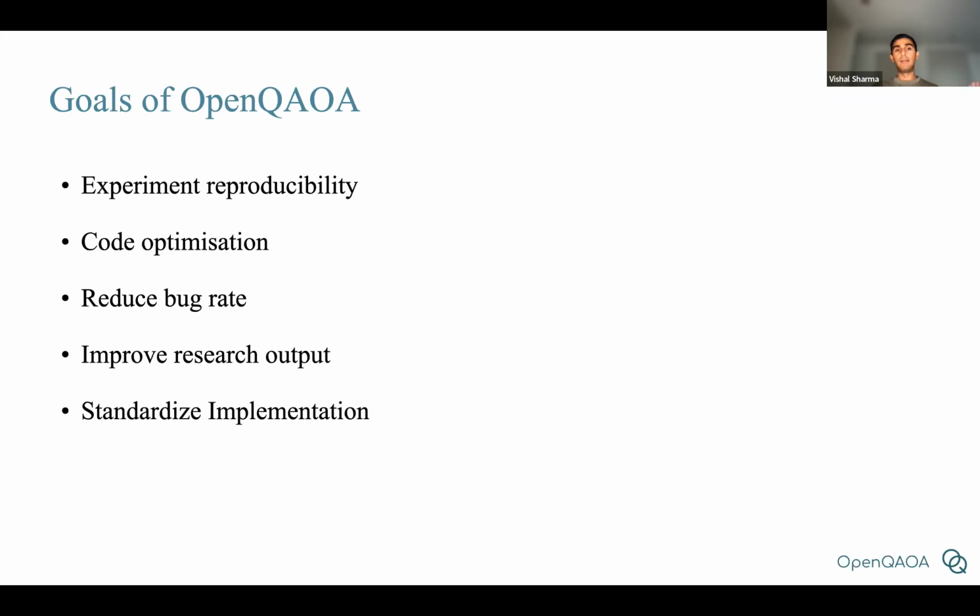And finally, the last point is to improve research outputs: to drive your time away from constructing circuits and managing the interaction between different objects and optimizers, and instead utilize that time on coming up with better versions of the ansatz, trying different things, and actually focusing on research.